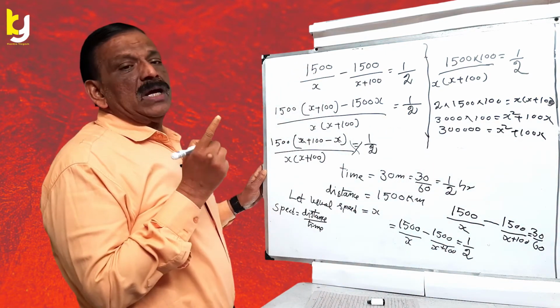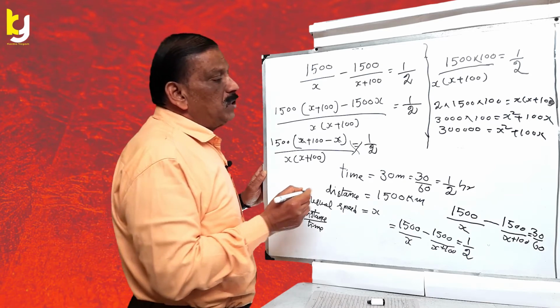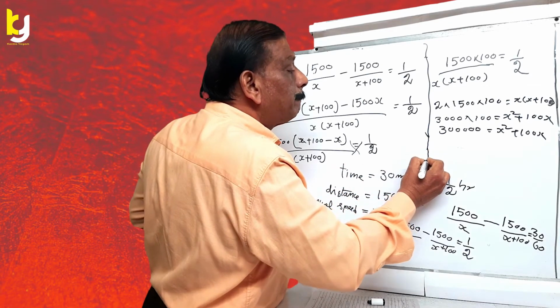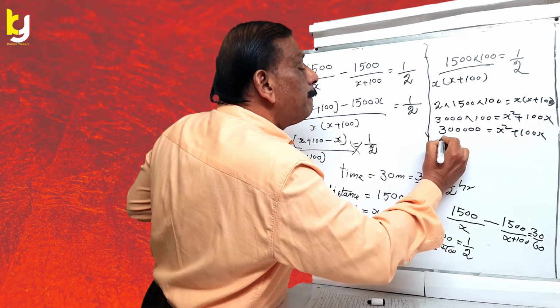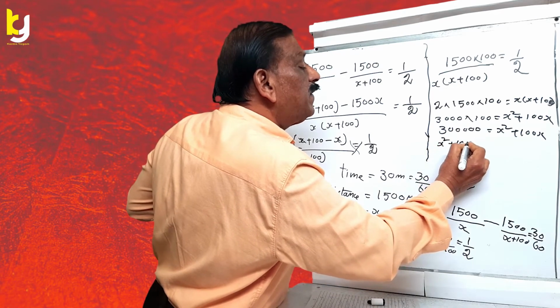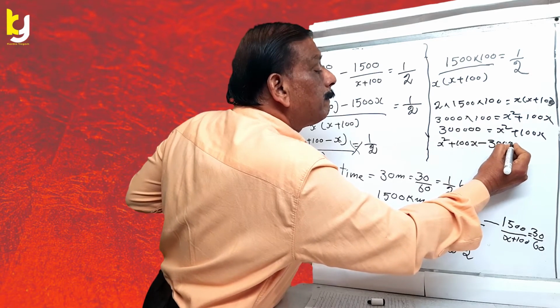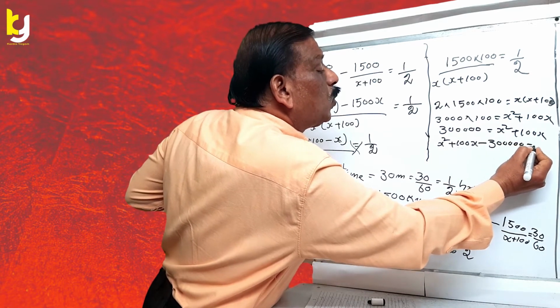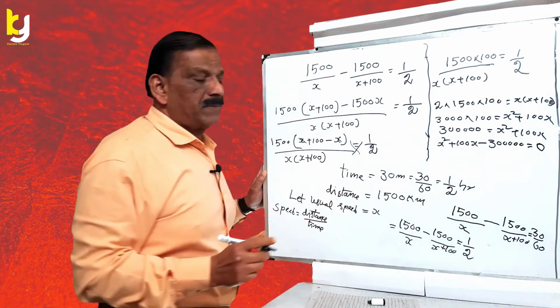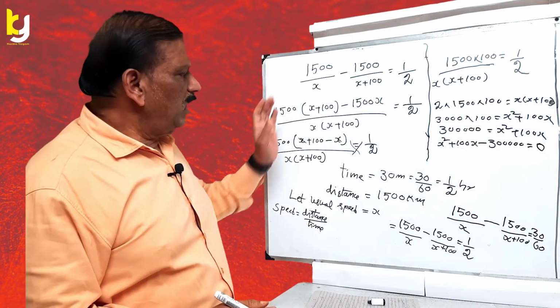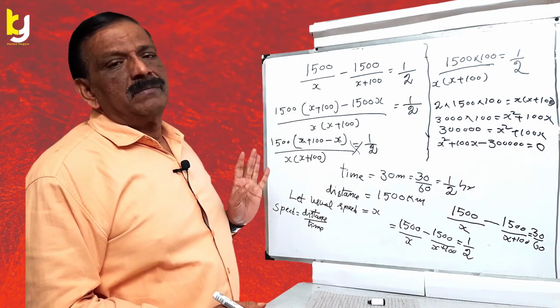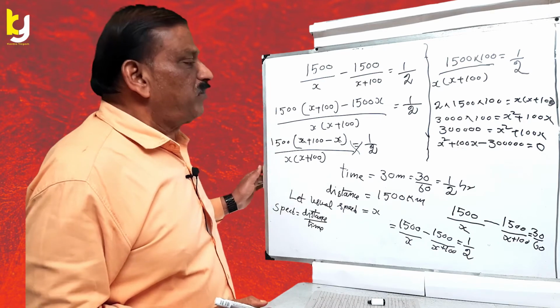Bring 3 lakhs to the right hand side. So this is equal to x square plus 100x minus 3 lakhs equal 0. Clear? If you have any doubt in any steps, please comment in my comment box.